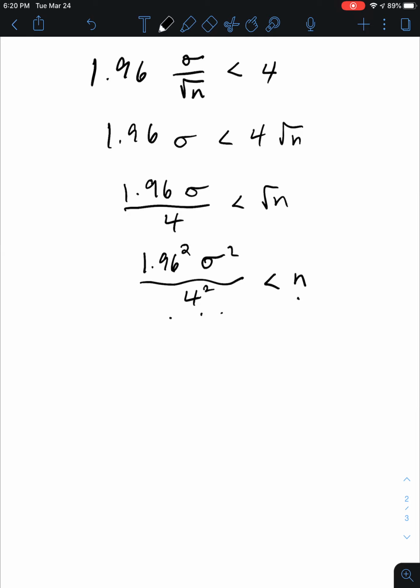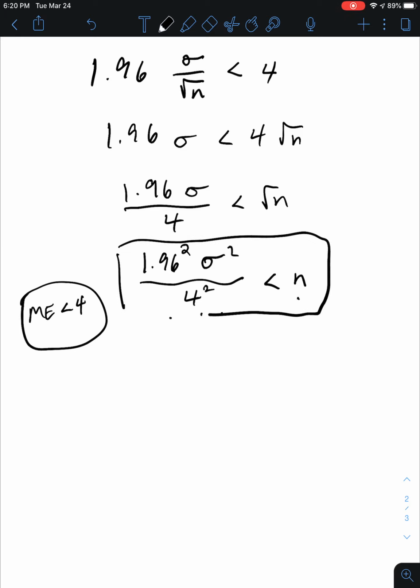And remember, our condition was simply this, that the margin of error is less than 4 tons. That was what we started with. The logical implication of that is that we have this condition on n. So n has to be bigger than some number.